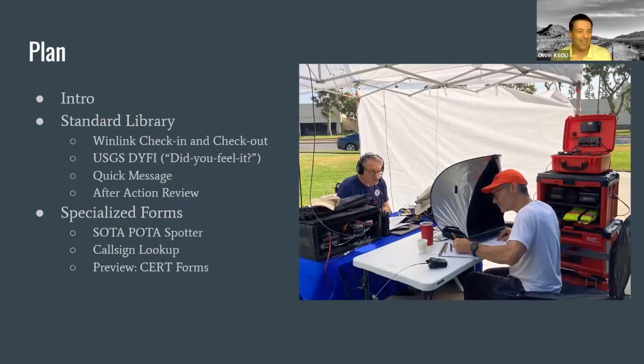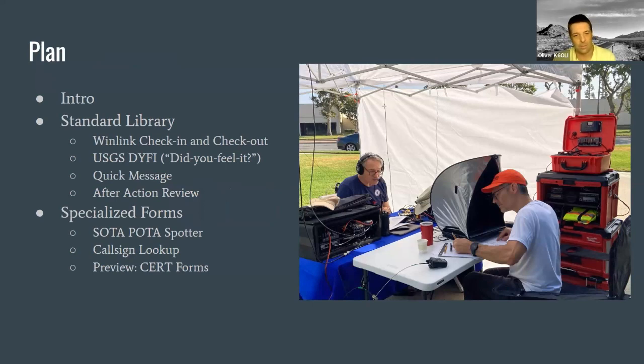Here's the plan for tonight. We'll give you a short intro, a couple of things that I think people should know. I'm assuming all of you have done Winlink at some point in your life, so we're going to give you a pretty high-level update on what's going on. And we'll talk about the standard library forms that have been updated. This is just a small amount of the major updates we've done.